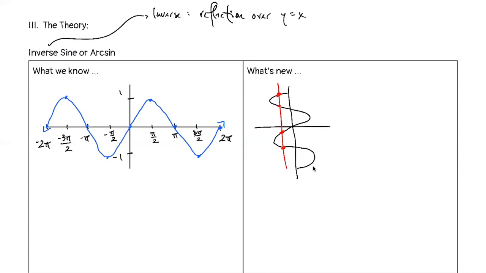So if I reflected the whole graph, it would fail the vertical line test big time, and that would mean it's not a function. And so one of the things that we really need to do then is when we reflect it, we only want to choose a chunk of the graph to reflect. And that's why the graph of inverse sine is so small, because we only take a part of the sine graph and reflect it, okay?